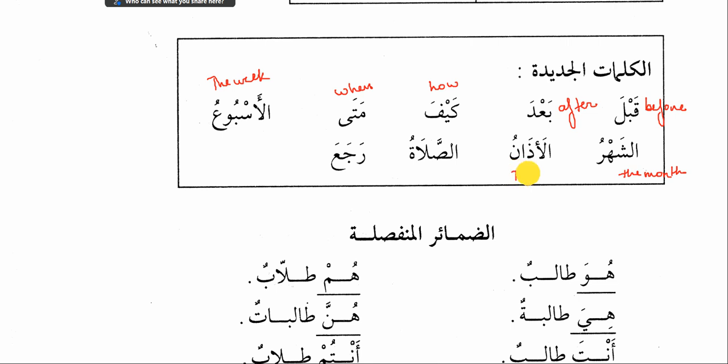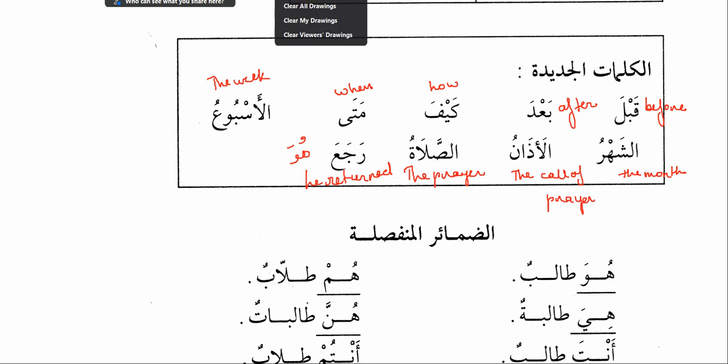Al-adhan is the call of prayer, or you can say the azan. As-salah is the prayer, and raja'a to return. And now this is the past tense, but there is a damir hidden in it. It's huwa. So you will translate it as he returned. Why? Because this is the past tense. He returned.